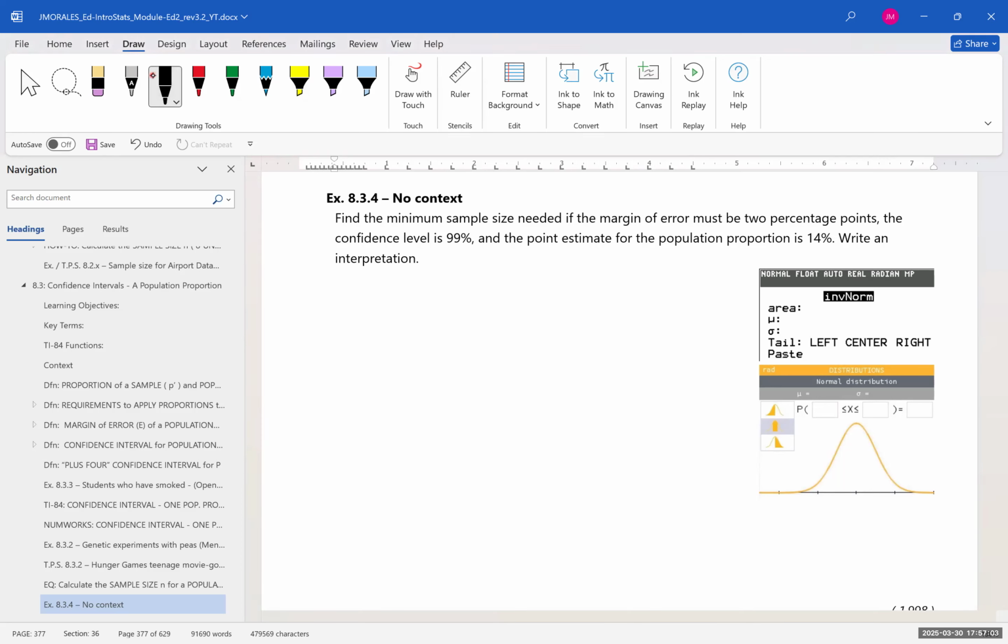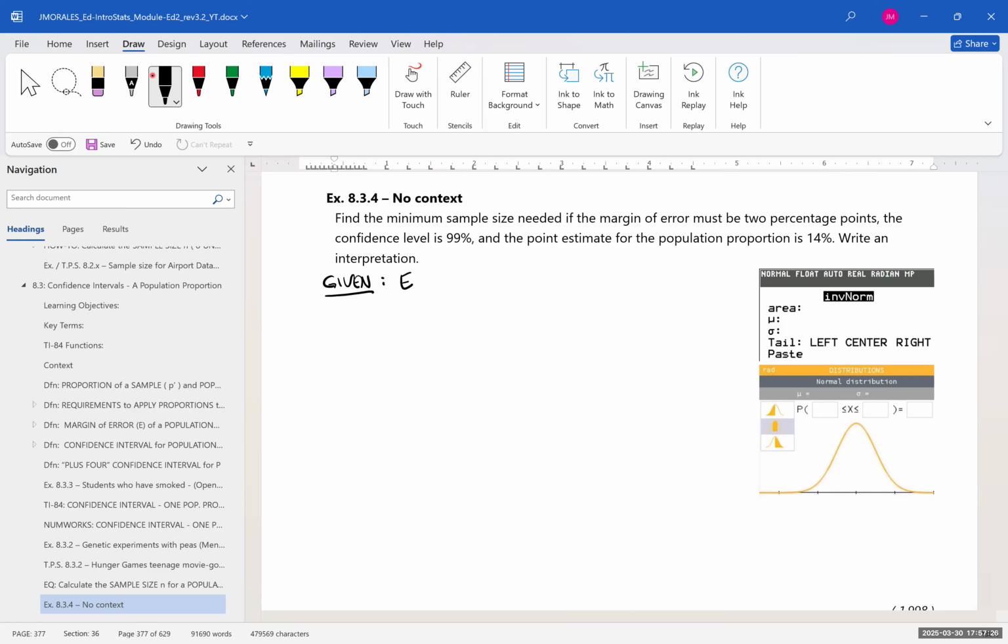Find the minimum sample size needed if the margin of error must be 2 percentage points. The confidence level is 99%, and the point estimate for the population proportion is 14%. Right, interpretation. So let's look at what's given.